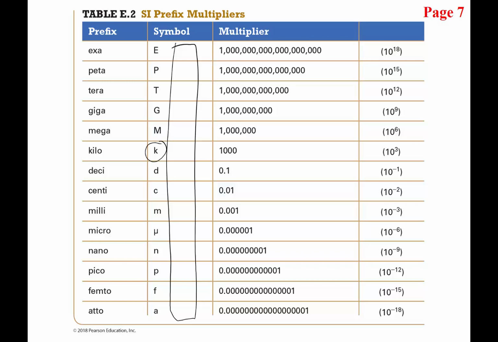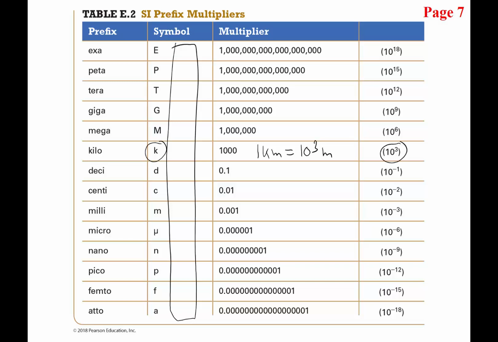The conversion factor I get if I'm converting kilometers to meters or meters to kilometers, you look up this factor and you say that 1 kilometer equals 10 to the 3 meters.